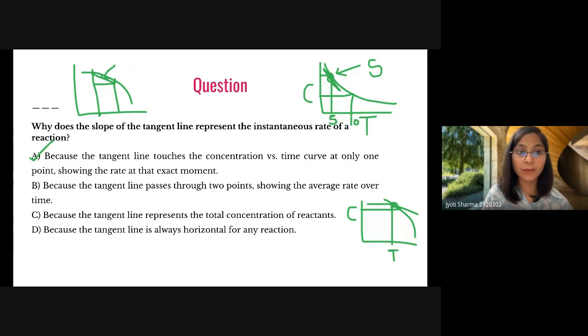But if you draw the tangent, this gives you the instantaneous rate. So the first statement is right. This one is not right, because a tangent line doesn't pass through two points, it passes through one point. If a line passes through two points, it gives you the average.